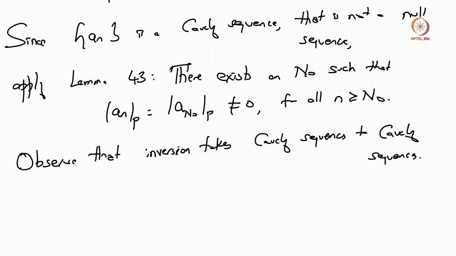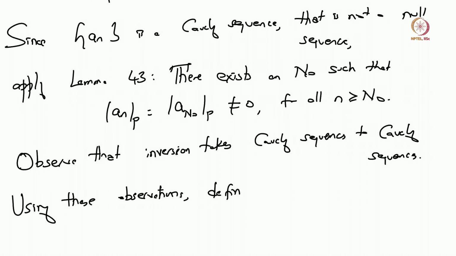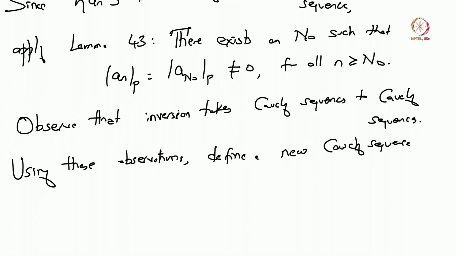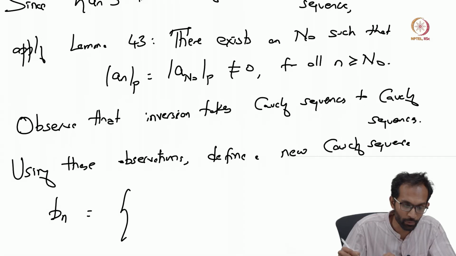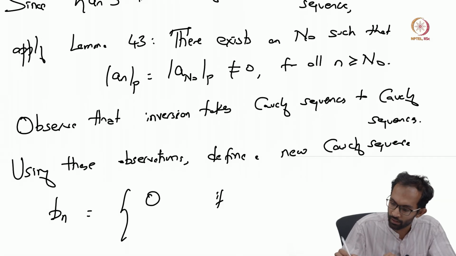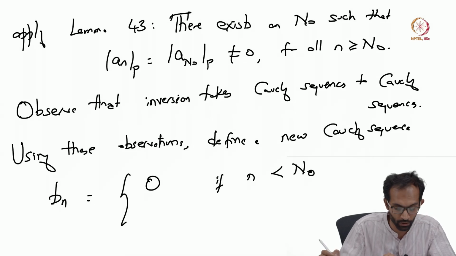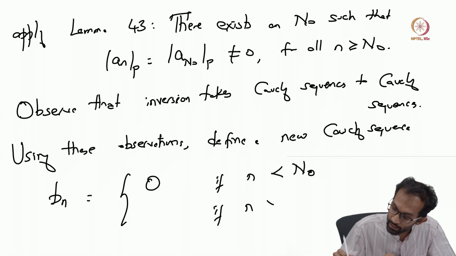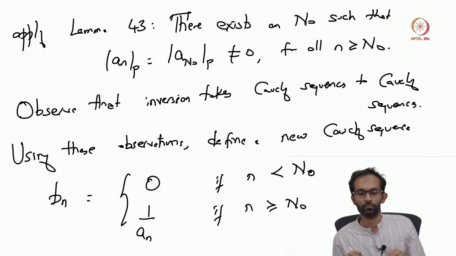So using these observations, define a new Cauchy sequence given by b_n, which has the property that it is just 0 if the index is less than n naught, and if the index n is larger than or equal to n naught, you take it as 1 over a_n.